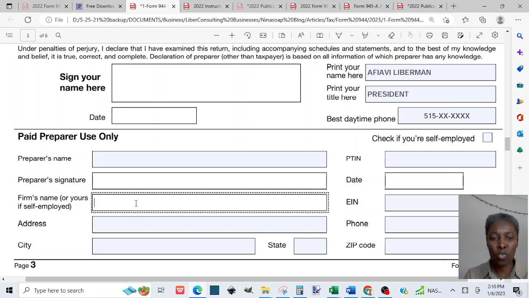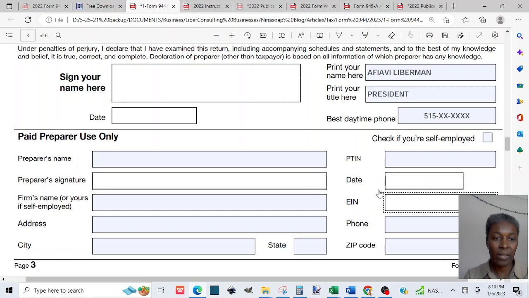I'll put Liberman Consulting LLC for the firm's name. I'll put the address for Liberman Consulting, the city, the state, the zip code, the phone number. I'll put Liberman Consulting LLC's EIN number, and then I'll put my PTIN in the PTIN section.